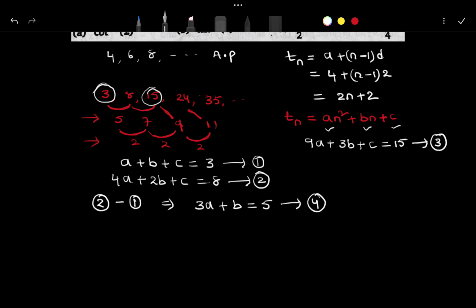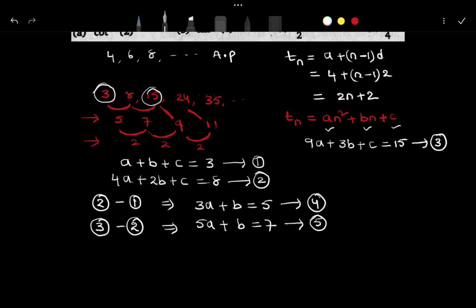And the same way, 3 minus 2: 9a minus 4a is 5a, 3b minus 2b is plus b, c minus c is cancelled, 15 minus 8 is 7. Let this be equation 5.